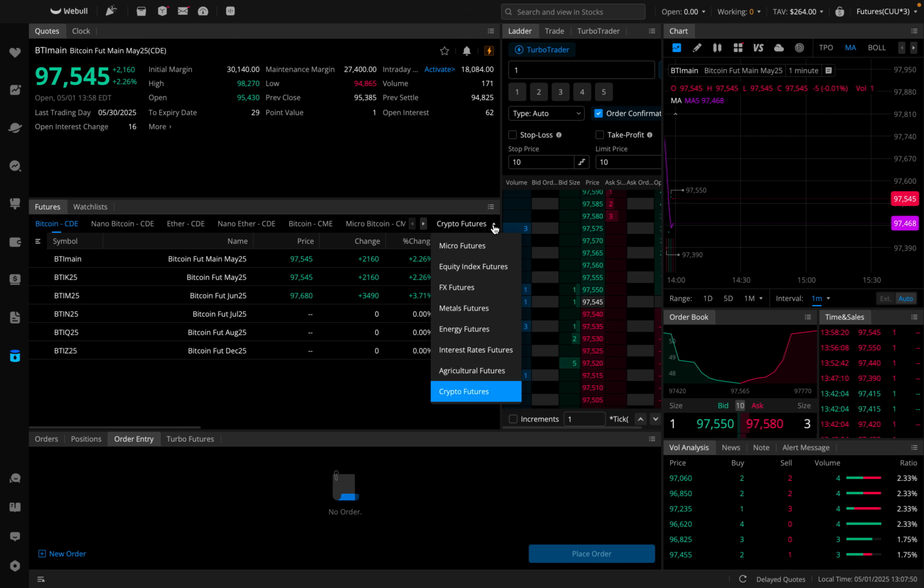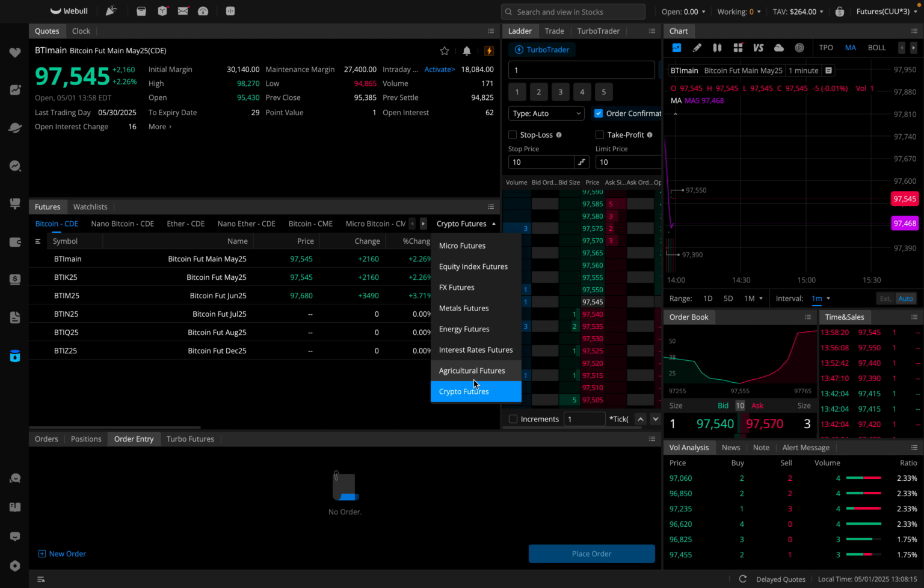So what do we have here? We can trade indices, interest rates, currencies, agriculture, metal, energies, and cryptos here. So you can see there are many different types of futures here that we can trade.